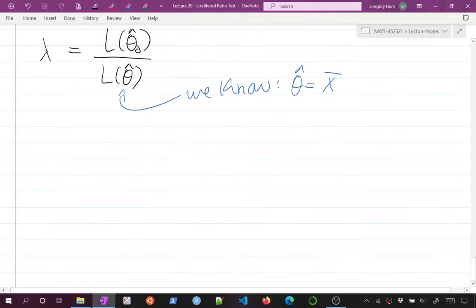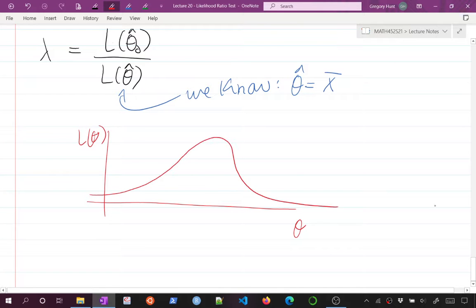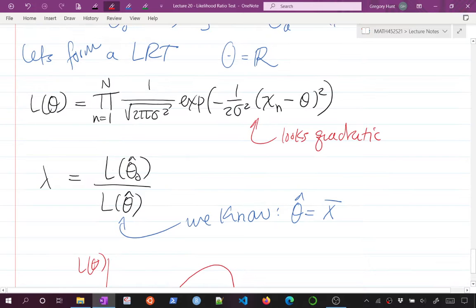Maybe more to the point, if I look at L of theta versus theta, it looks like e to the negative something in theta squared, basically just a normal distribution.